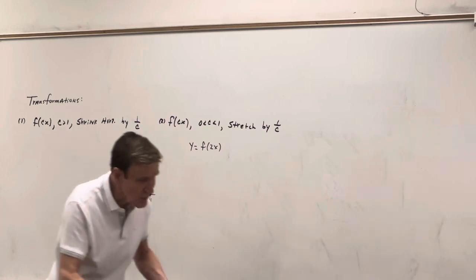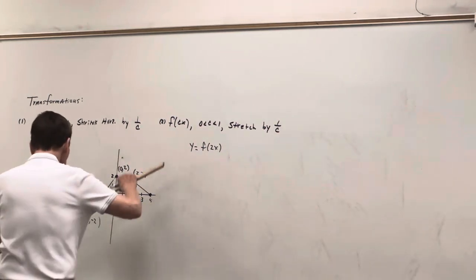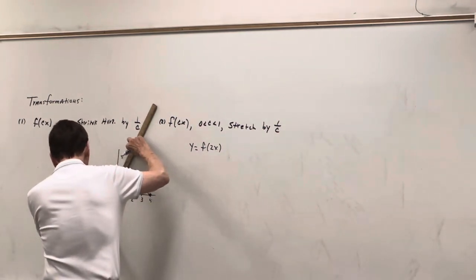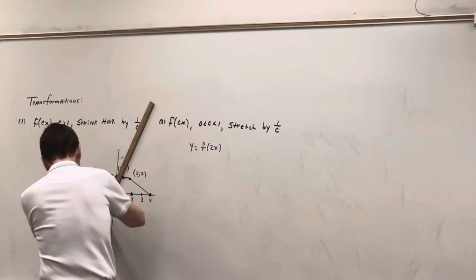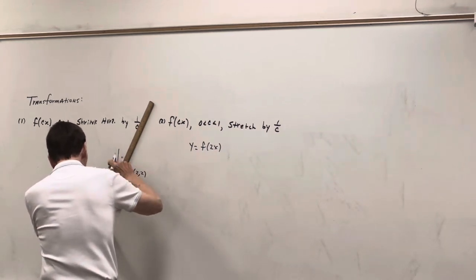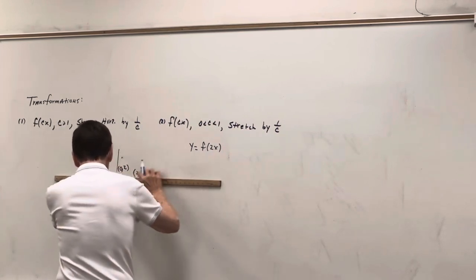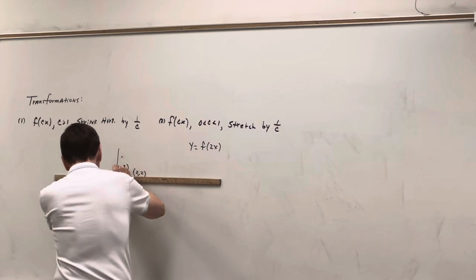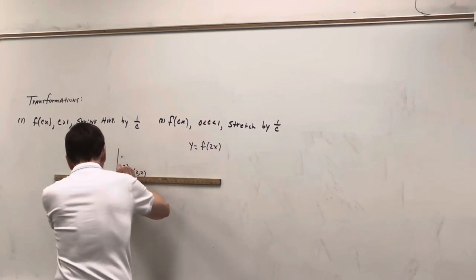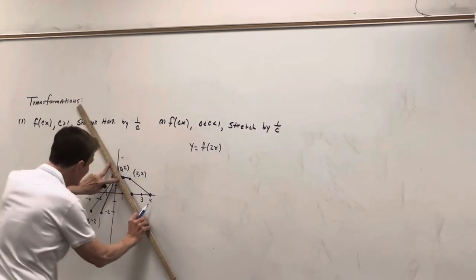Now let's connect those. I'll connect them in the order I see them. So now it goes up like this, over like this. I'll make it look as best I can, and then down.